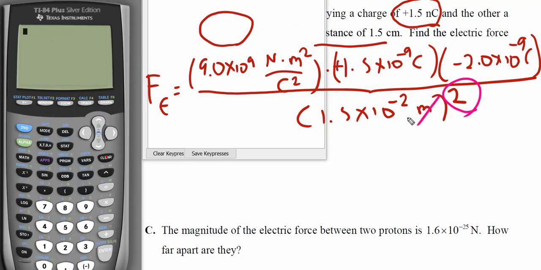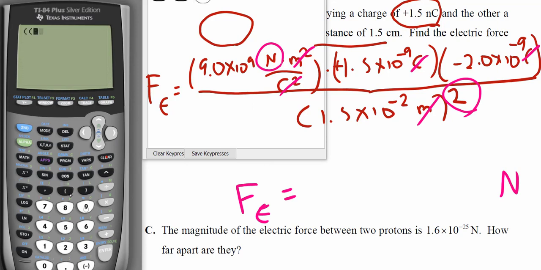Again, notice that the meter squares are going to cancel out. The Coulomb squares with its 2 coulombs. I'm left with the correct unit of newtons. We'll type into the calculator again. I have double sets of parentheses because I want to make sure the whole numerator is in its own set of parentheses. You may or may not need to put times between each of these, depending on your calculator.